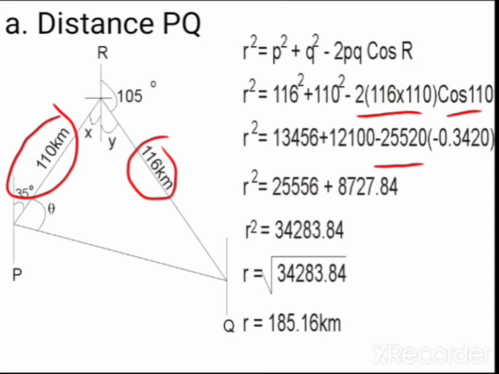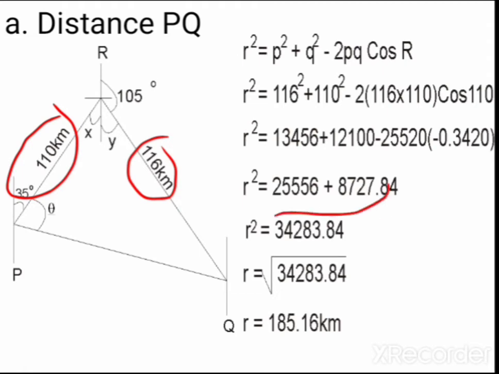Then what do we simply do next? It's very simple. We just apply simple algebra. 13456 plus 12100 is equal to 25556. Then minus 25520 times minus 0.3420 is simply 8727.84.